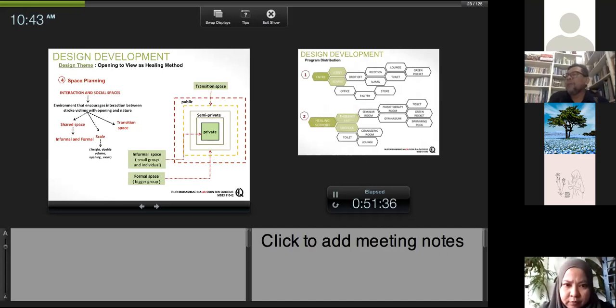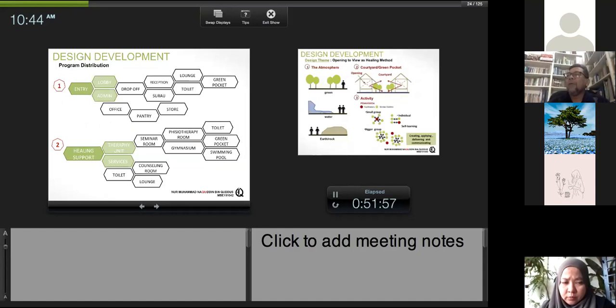Private, semi-private, public. Maybe not like this, but at least during the design process, your mind should have all those, you are actually composing all these elements in your mind during the design stage and during the space planning.